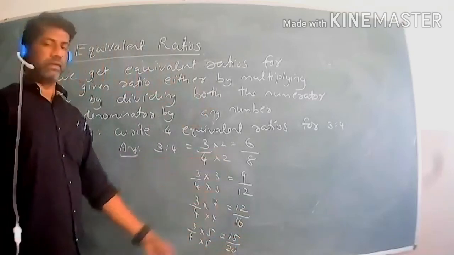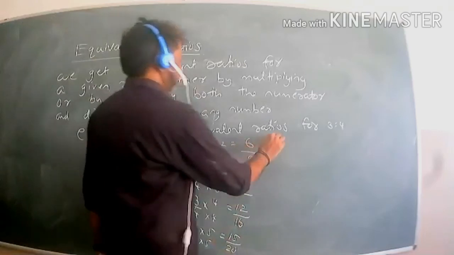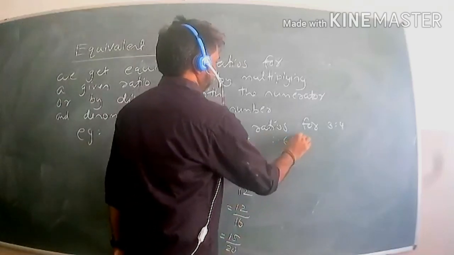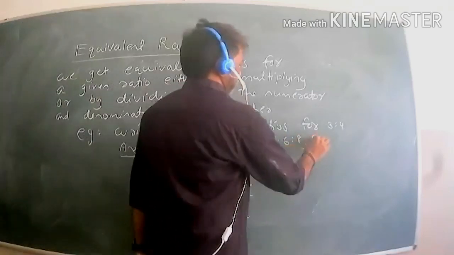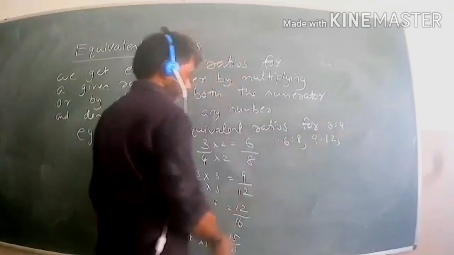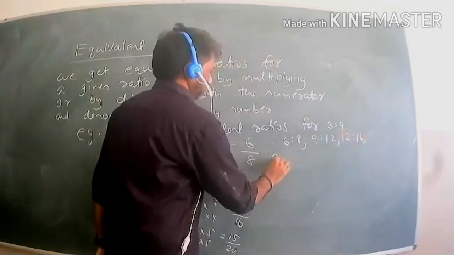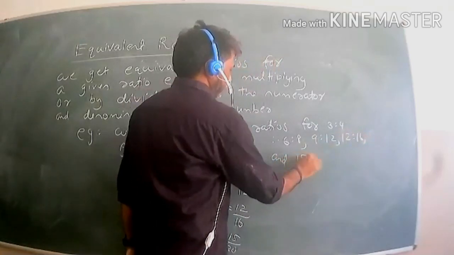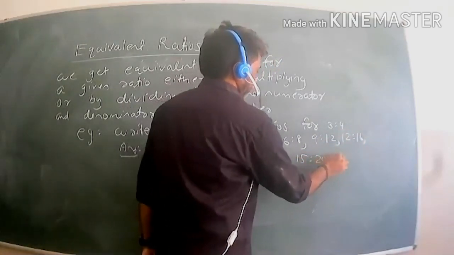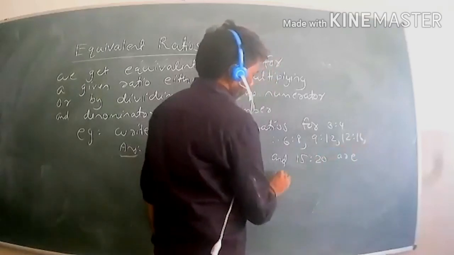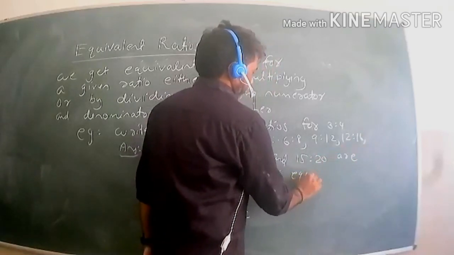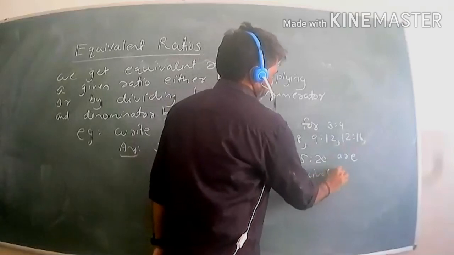So all these are equivalent ratios. We can write 6 is to 8, 9 is to 12, 12 is to 16, and 15 is to 20 as 4 equivalent ratios.